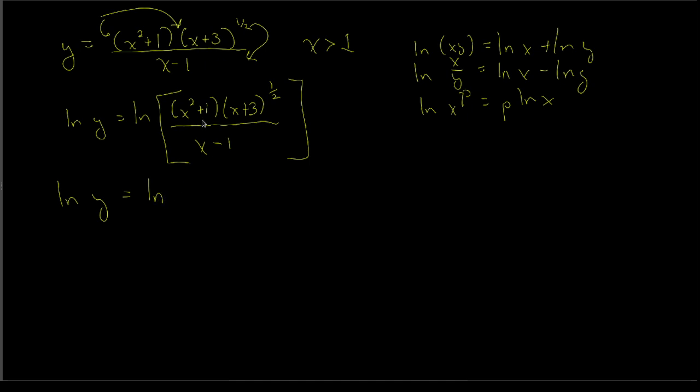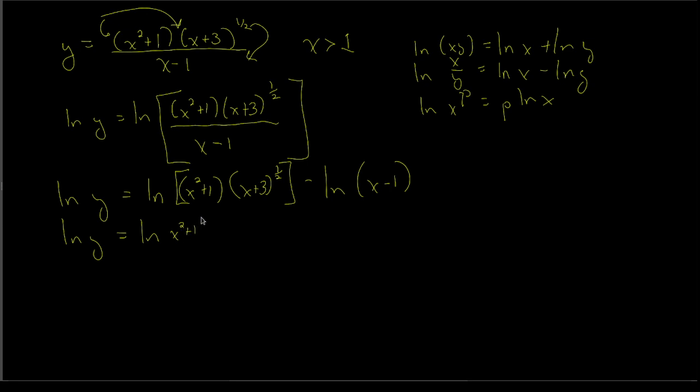So this is the natural log of the upstairs, x squared plus 1, x plus 3 to the 1/2 power, minus the log of the downstairs. And this top then is the same as the first argument, ln of x squared plus 1, plus the log of x plus 3 to the 1/2, minus the natural log of x minus 1.